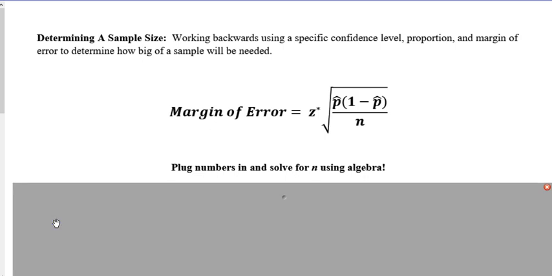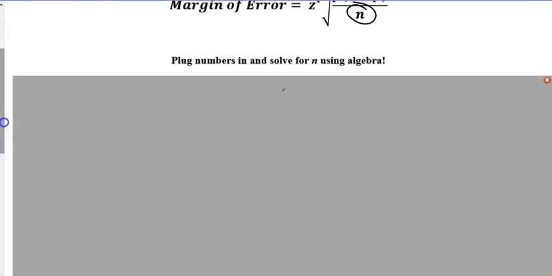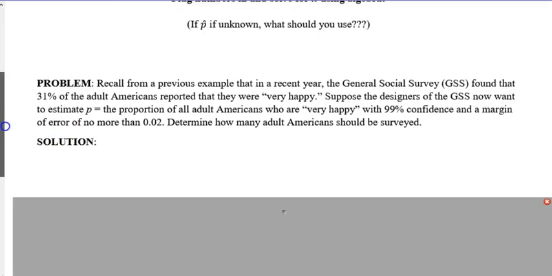So, sometimes we need to work backwards. Sometimes we're going to work backwards to find what the sample size needs to be if we want to be within a certain margin of error. So, look at this problem.